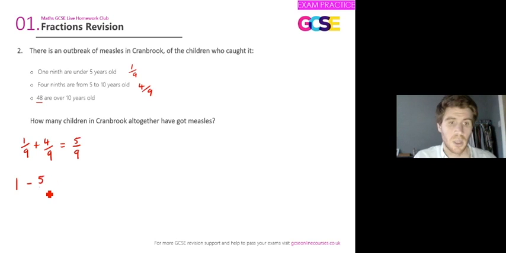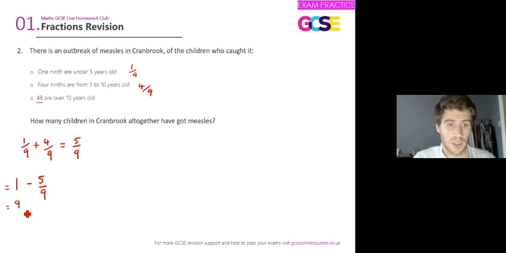Now, some of you might not be able to do that automatically, but it's actually really straightforward. We need to convert this so that it has the same denominator if we can't do this one mentally. 1 is the same as 9/9. That's a whole.